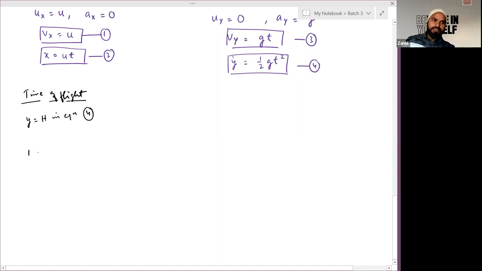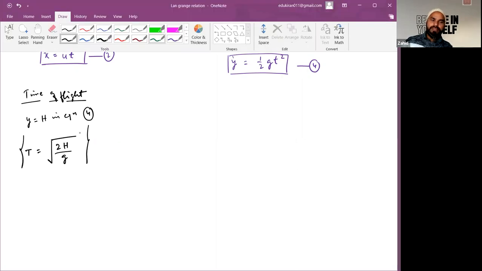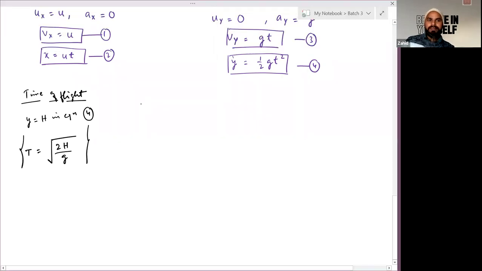You will get t is equals to root under 2h divided by g. Similarly, if we rearrange it to find height, that is height of projection, put the value of y to be h in equation 4. You will get h is equals to half gt squared.